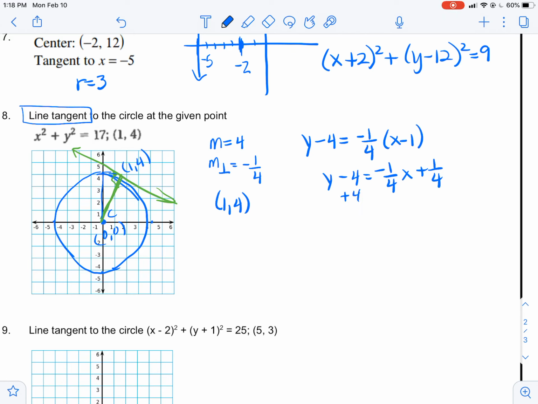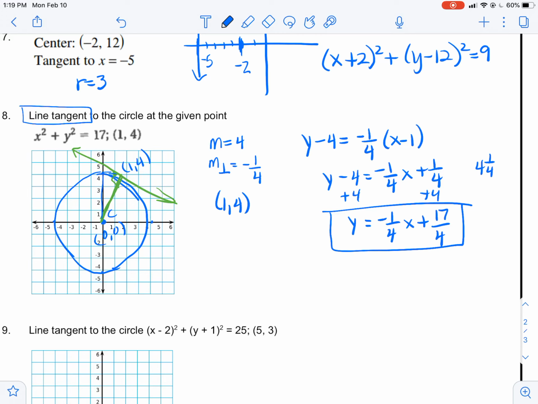Okay, and then I'm going to move my 4 over. So y equals a negative 1/4 x, and then this would be 4 1/4, so I'm going to write it as 17 over 4. And then that would be my equation of the line tangent.